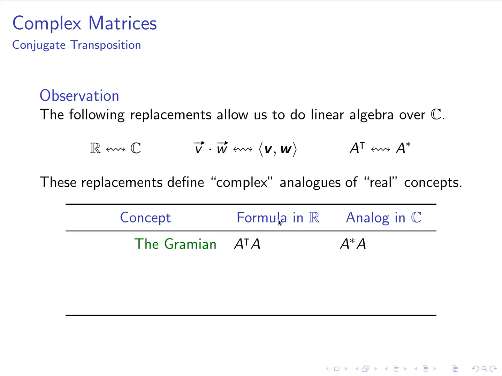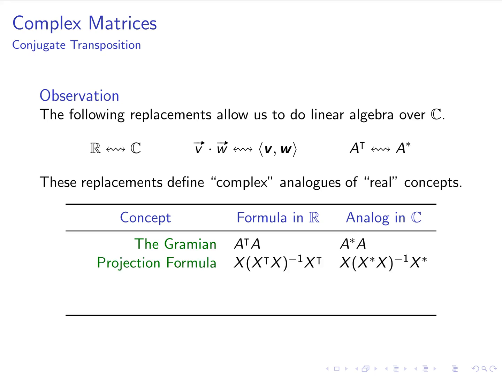In the world of real matrices, the Gramian was A transpose multiplied by A. In the world of complex matrices, all we do is replace the transpose operator with the conjugate transpose operator, and we get the analogous formula. So when we talk about the Gramian in the world of complex numbers, we're talking about A star A, not just A transpose A.